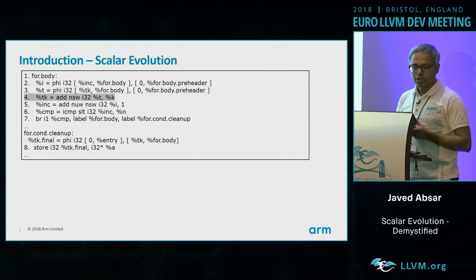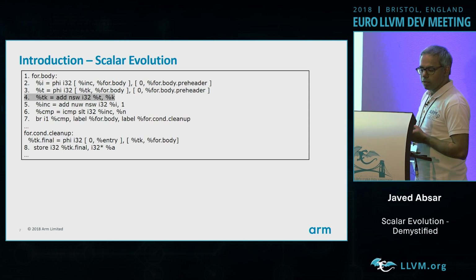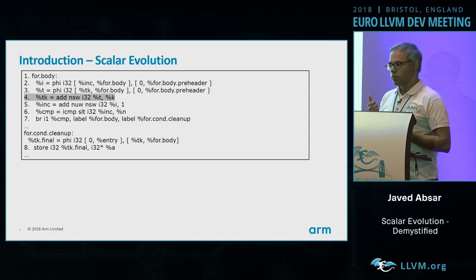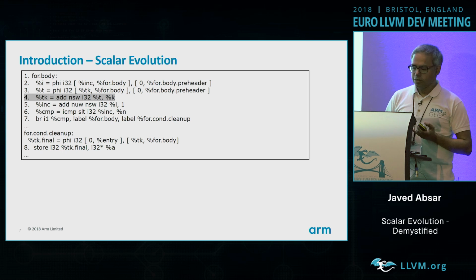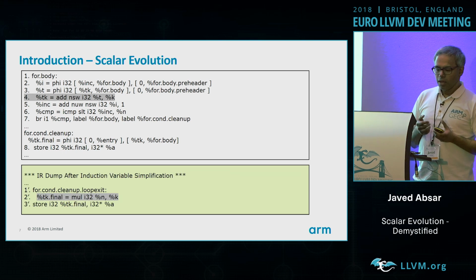Let's have a look. So this is LLVM IR for the same. Just focus on line 4, the grayed out area. There we see that we still have a for loop, and it's doing an add t plus k and storing the final value in line 8. So it's still doing all the computation.